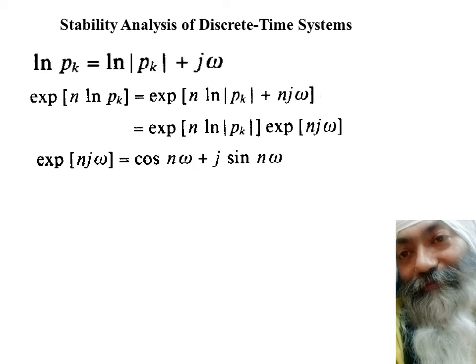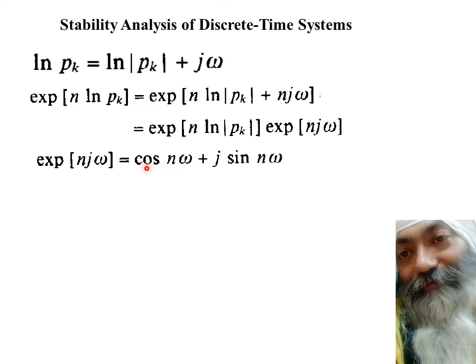And what we need to know over here is something very important, that this term, exponential of nj omega, can always be written in the form of cos n omega plus j times sine of n omega. Now you know the cos value is always bounded.